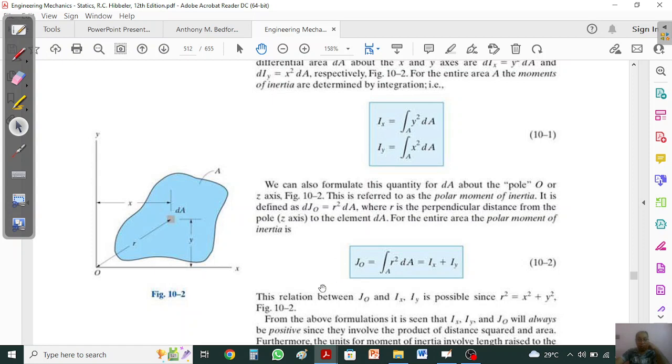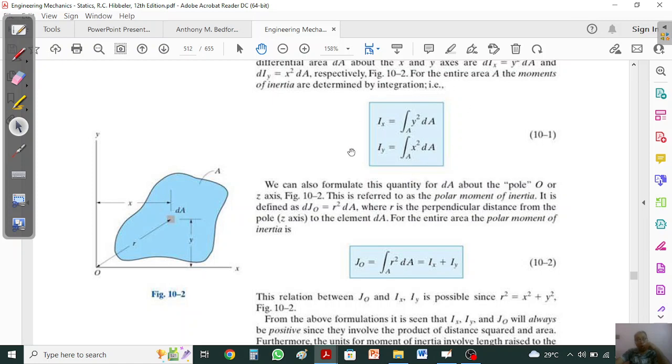If we want to calculate the moment of inertia about the x-axis, it is called Ix, and it equals the integral of y square times dA. And if we are interested in the second moment of area about the y-axis, Iy, it is the integral of x square dA.